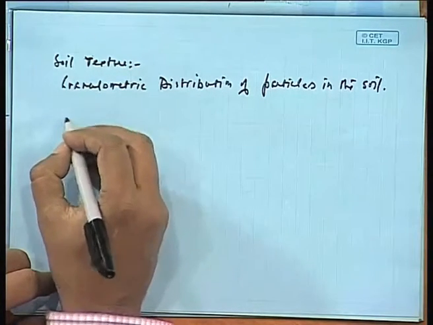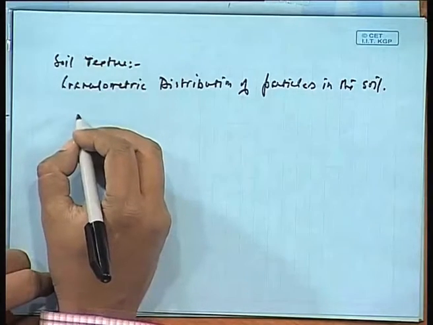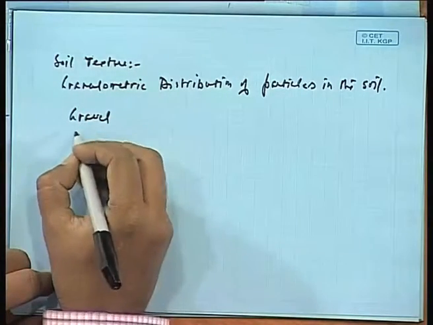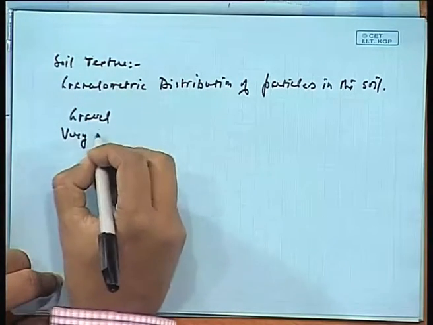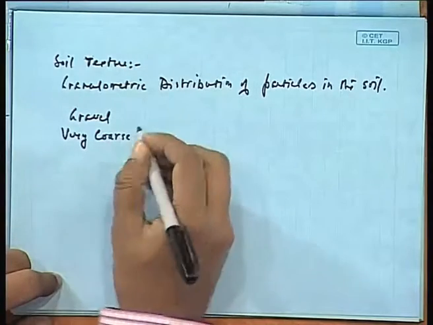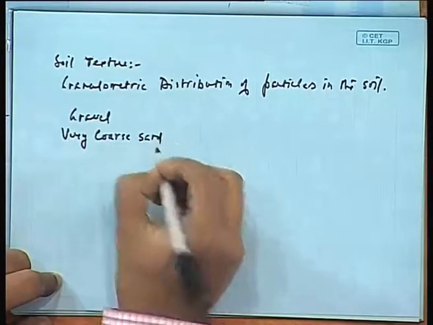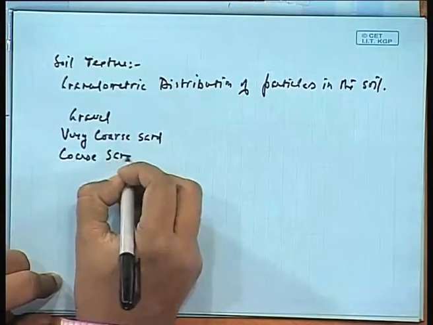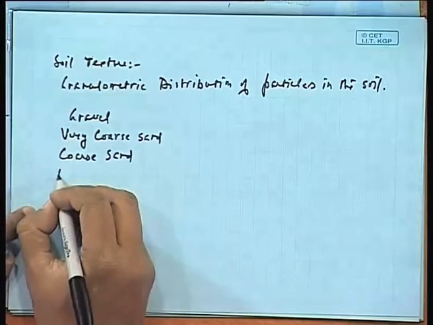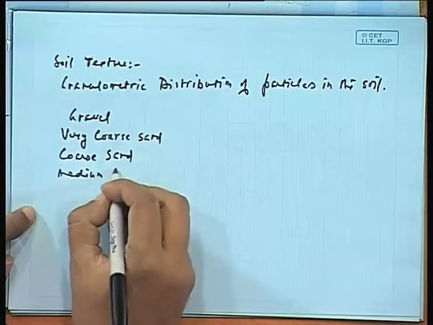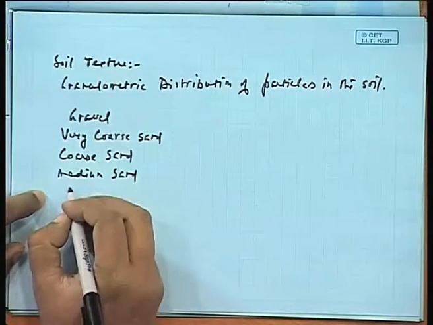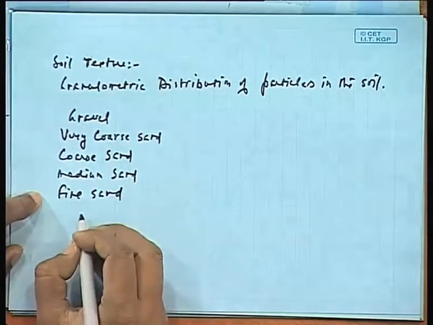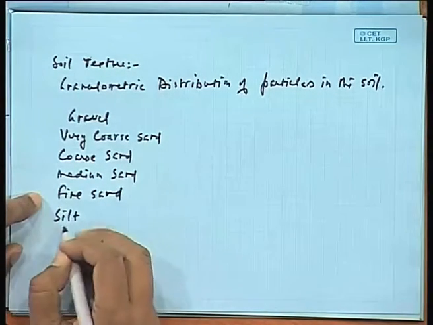This is what the soil essentially consists of: gravel, very coarse sand, medium sand, fine sand, silt, clay.